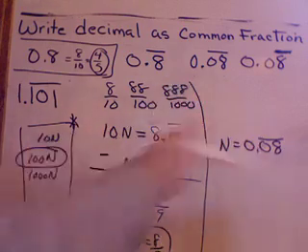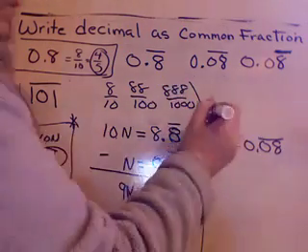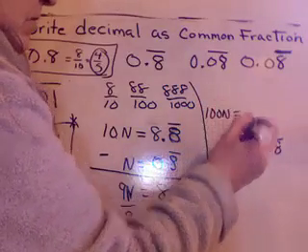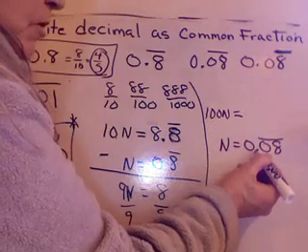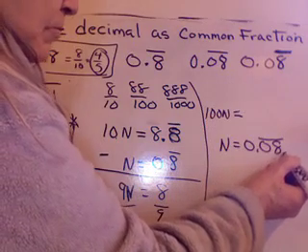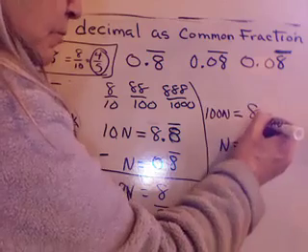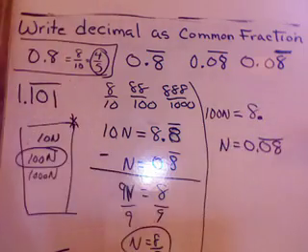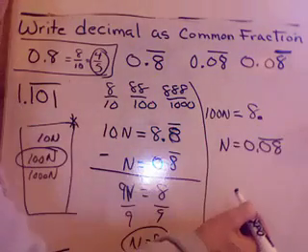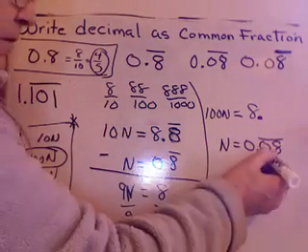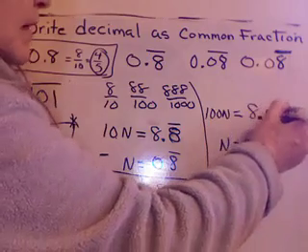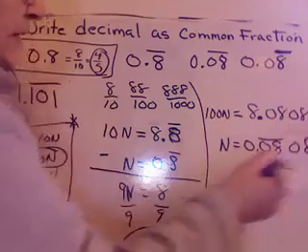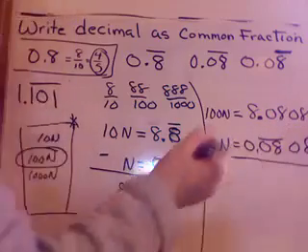So I'm going to put 100n up here, equals, I need to multiply this by 100, which is really move the decimal point 2 places, so it's going to be 8 point, and I have to put numbers after that decimal point. Should I just put in zeros? No. What repeats? 08, so I would put 08, 08 on forever if I wanted. Don't need to. Now I'm going to subtract 100n, take away n, 99n.